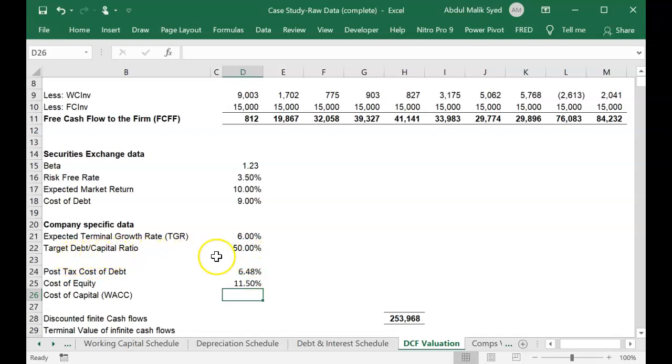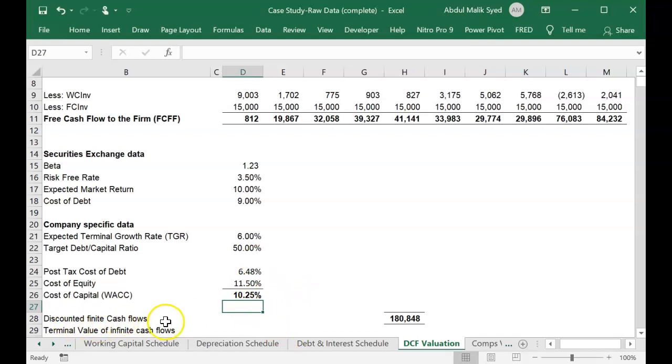Since we have the target capital ratio here, let's calculate with the cost of equity times the target equity ratio, plus cost of debt times 1 minus the target debt ratio. Okay, so this gives me a WACC of 10.25.